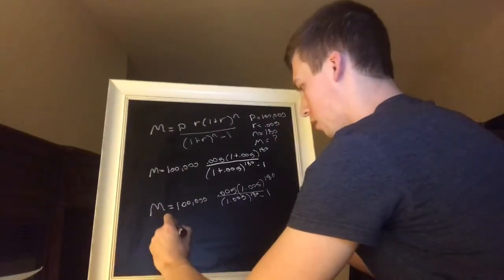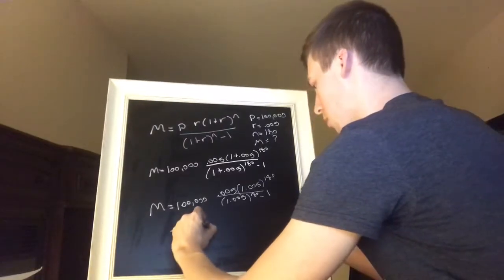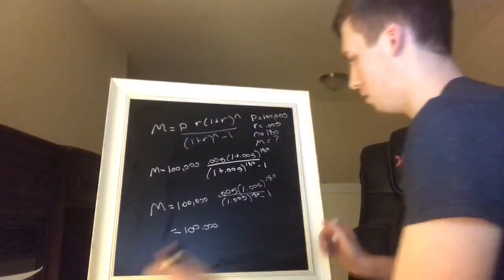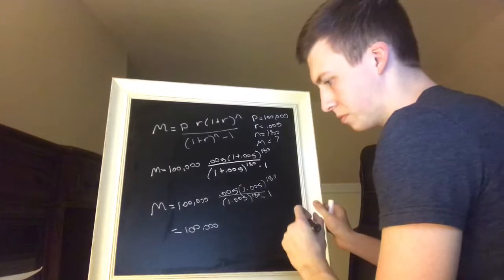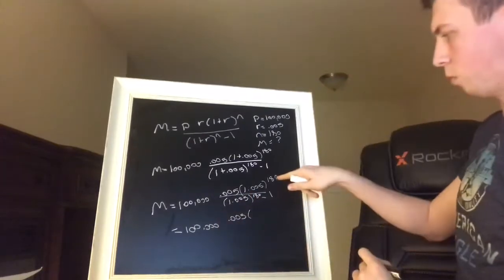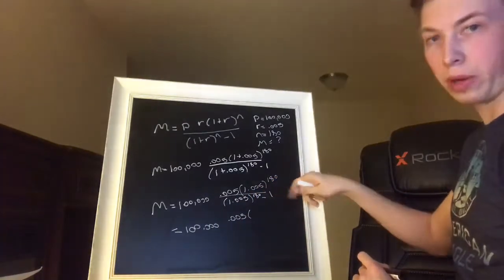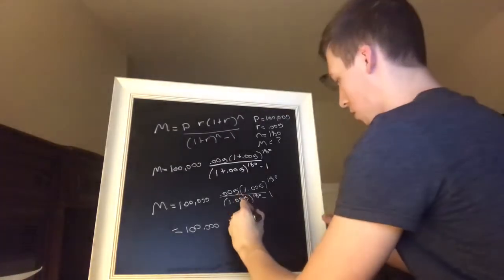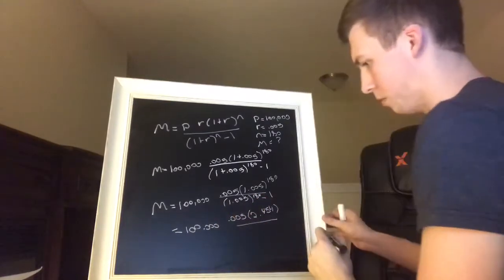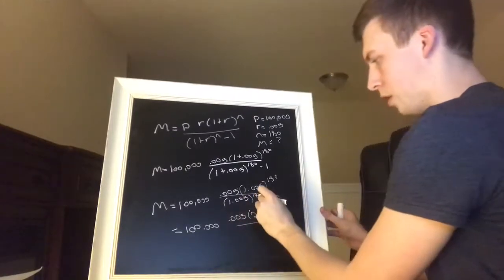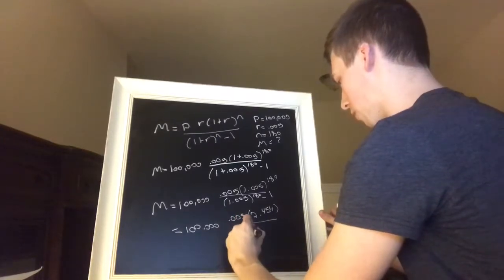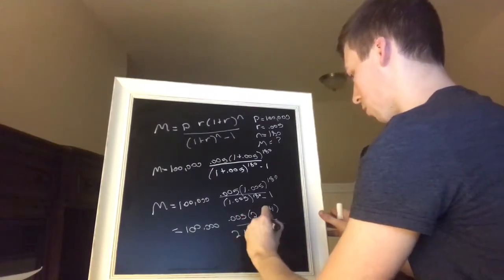So M equals 100,000 times 0.005 times 1.005 to the 180th power, which is 2.454, over the 180th power of 1.005, which is 2.454, minus 1.